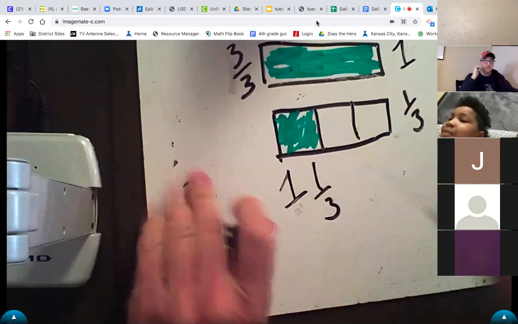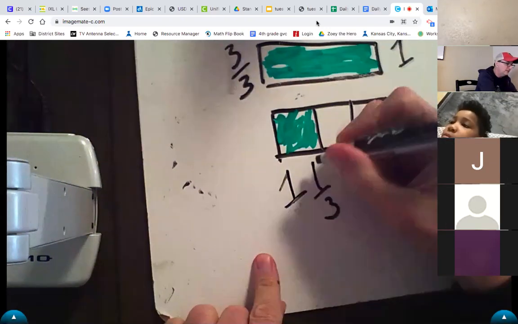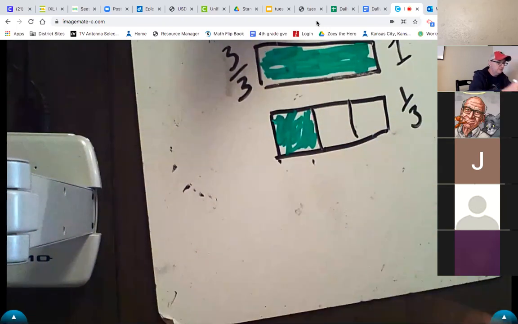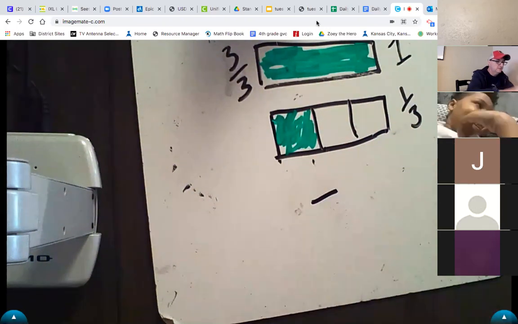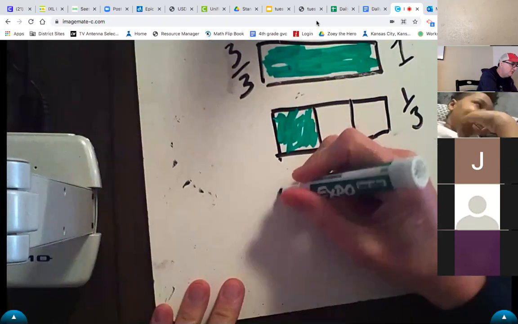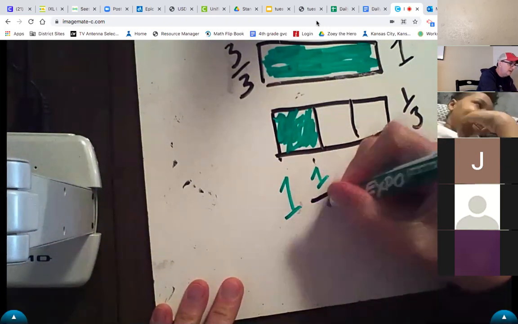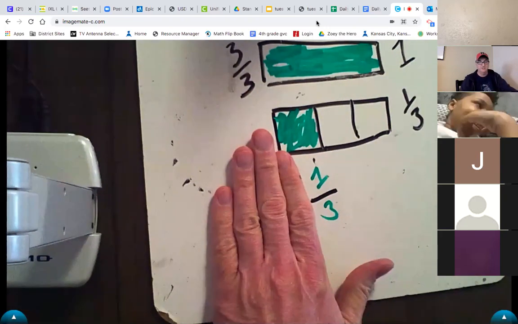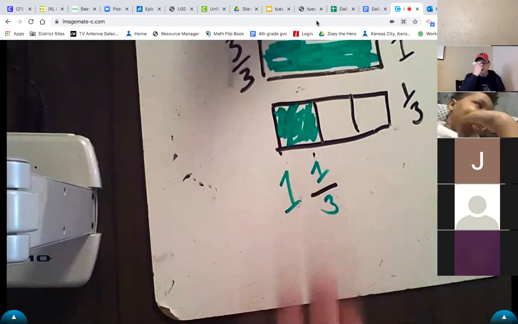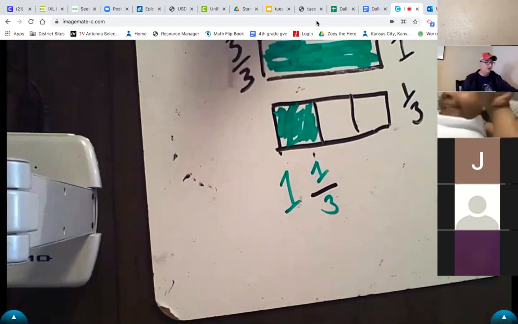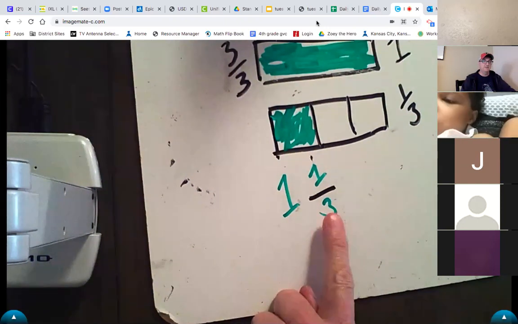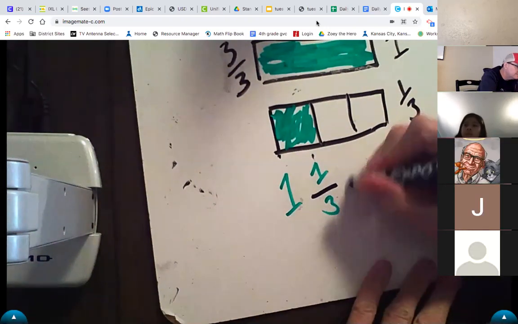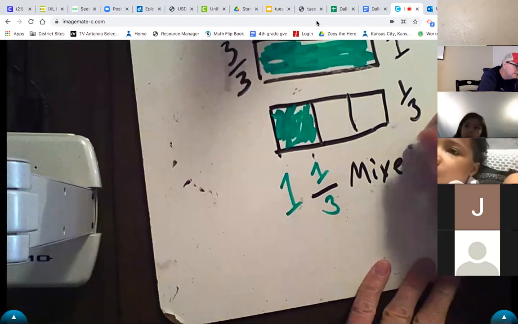Anyone remember what this is called, a number like this, 1 and 1/3? This by itself is a unit fraction. We got a whole number, right? And we've got a fraction. Remember, this is called a mixed number.